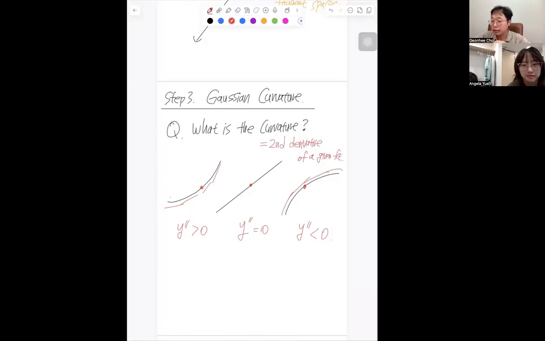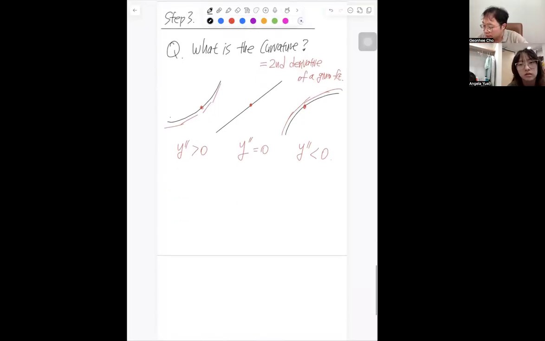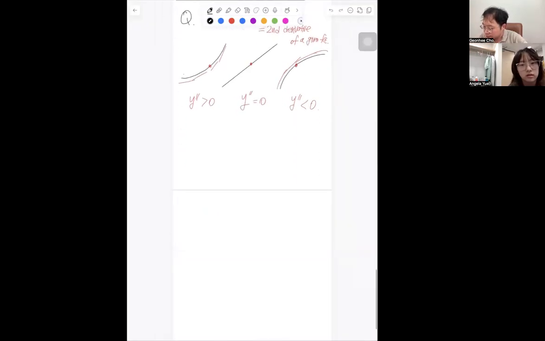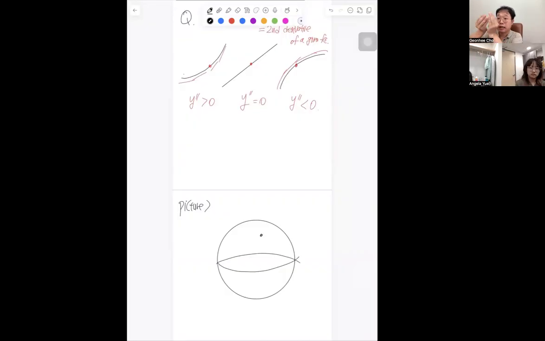Now we have either the sphere or the torus, which is a two-dimensional object. It's not a curve, but we still want to talk about the curvature on the surface. How can we proceed? This is a way to do it. If you have a sphere like this, we are just looking at the surface, not the inside.